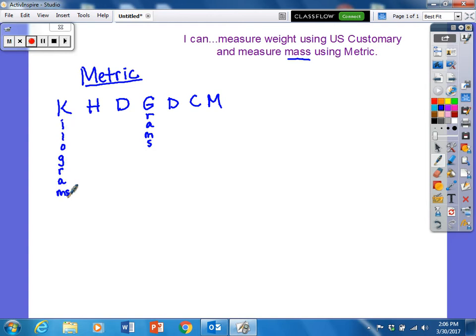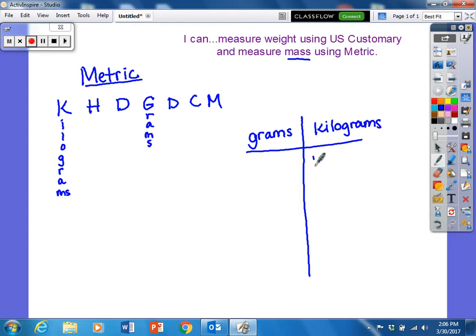And just like we learned about with the metric system earlier this year, we're always going in multiples of 10. And so, if I have grams and kilograms, 1 kilogram, which is abbreviated kg, is 1,000 grams, which is abbreviated with a lowercase g.